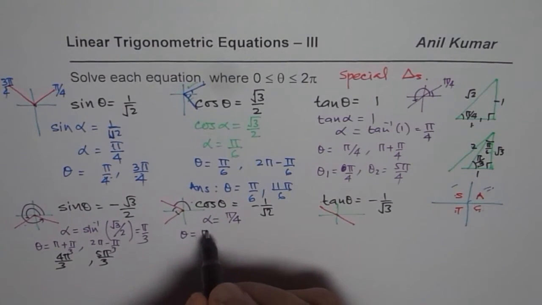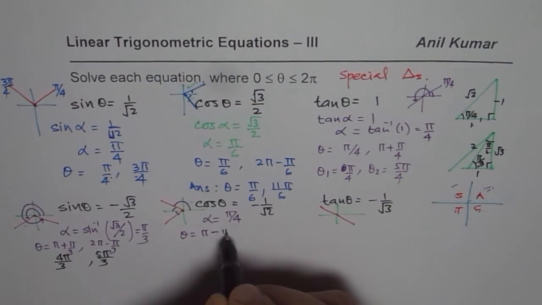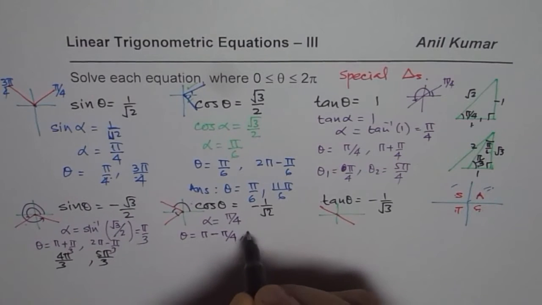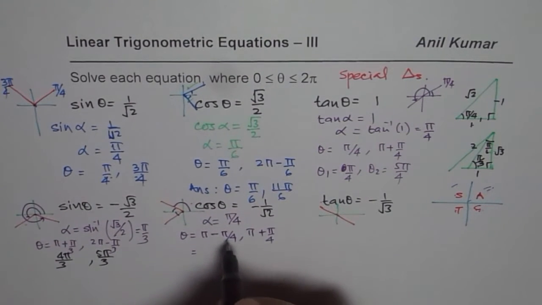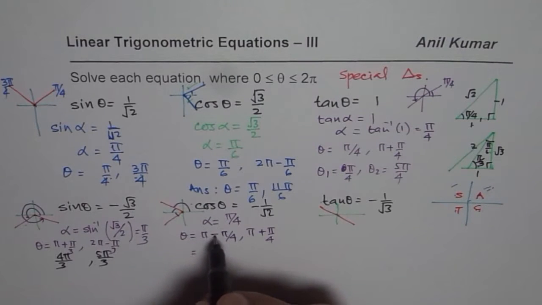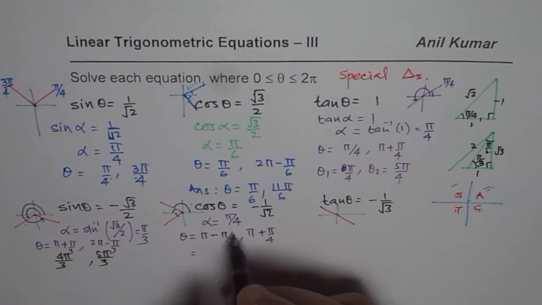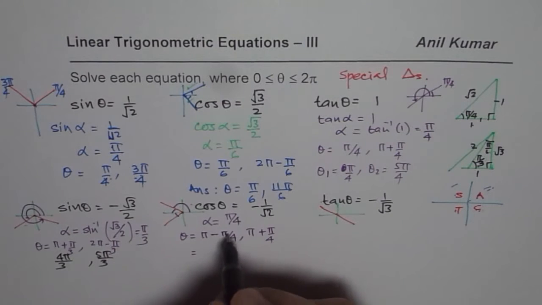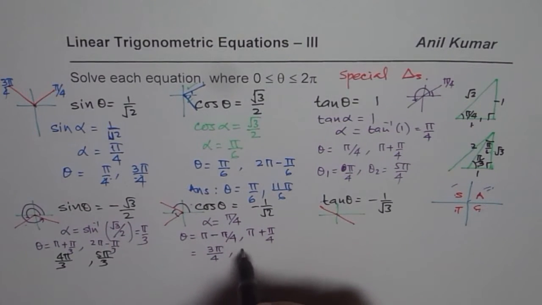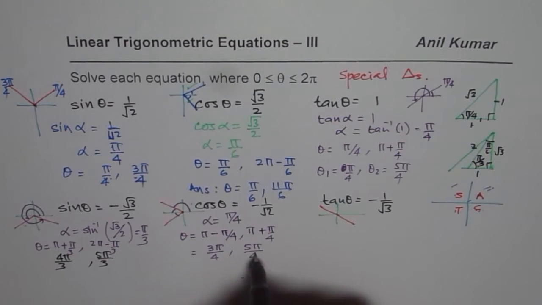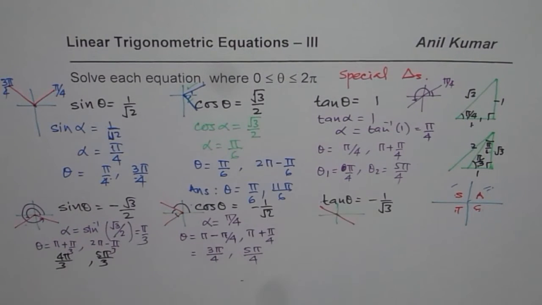So we have pi minus pi by 4 as one solution and pi plus pi by 4 as the other solution. So the solutions are 4 minus 1, which is 3 pi by 4, and 4 plus 1, 5 pi by 4. So we have two solutions in this domain.